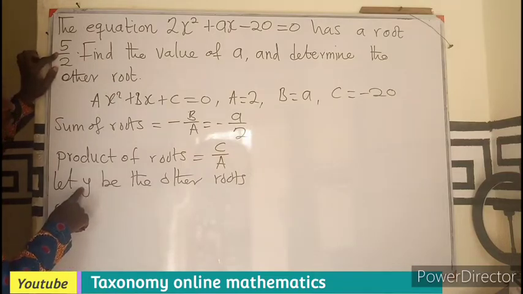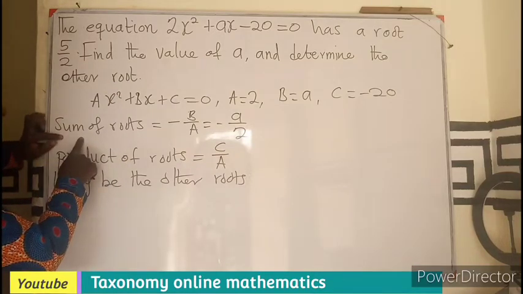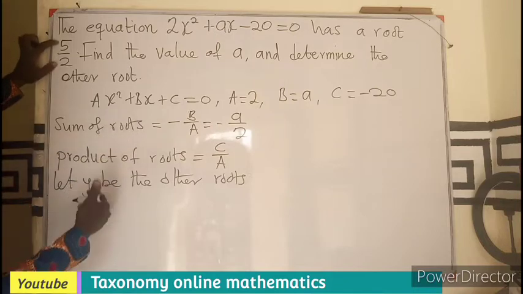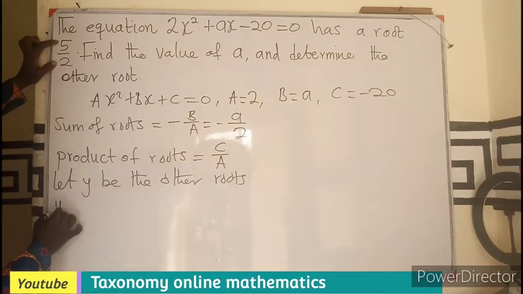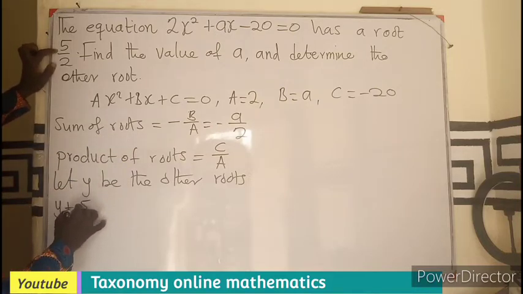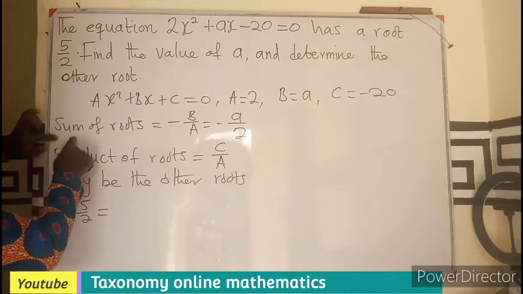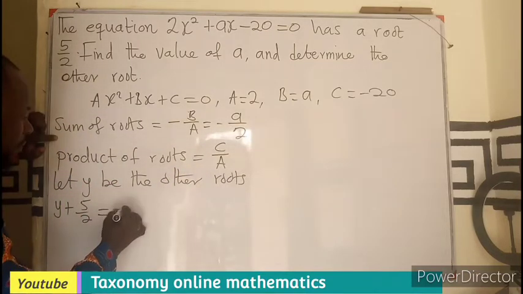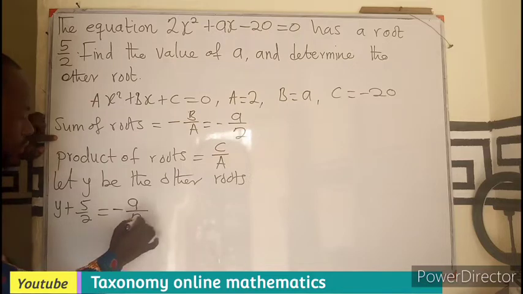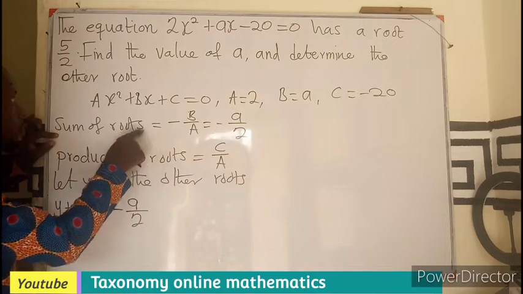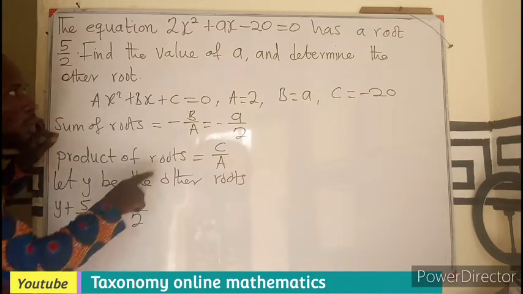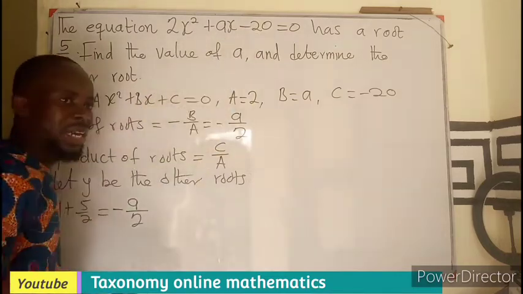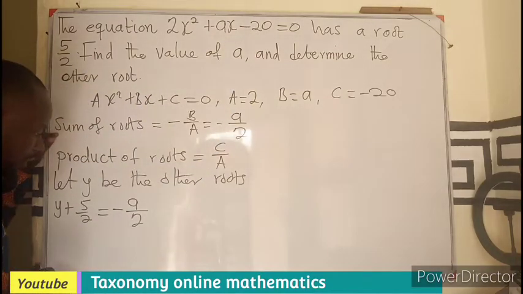We already know one of them. So if y is the other root, we follow the statement that the sum of the roots, meaning y plus 5/2, should be equal to the sum of the roots, which is minus a over 2.